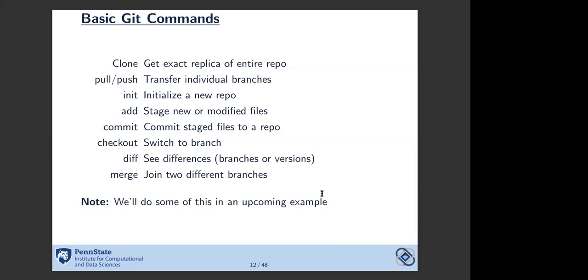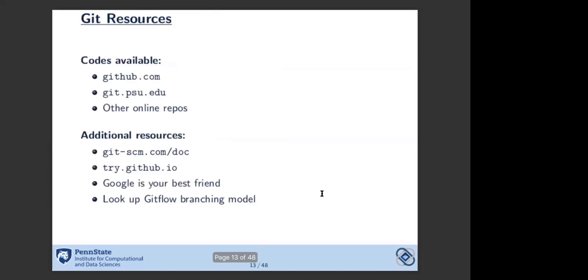If there are changes that were pushed up from a different remote location, you can pull those down with the pull command. Init is how you initialize a new repo, and so on and so forth. We'll be using mostly all of these commands today. So again, this can serve as a reference for you.